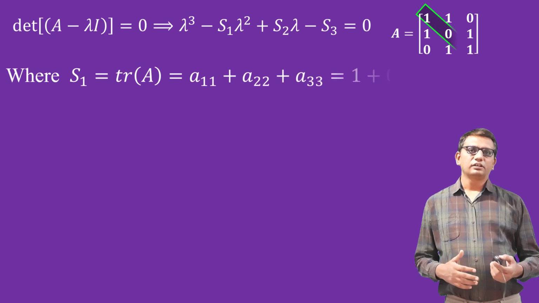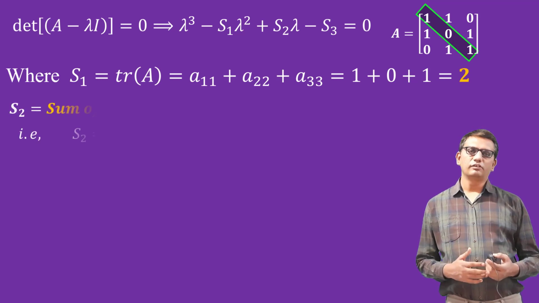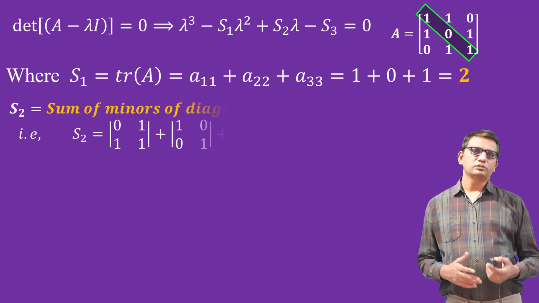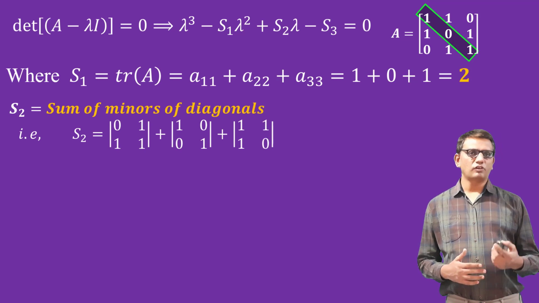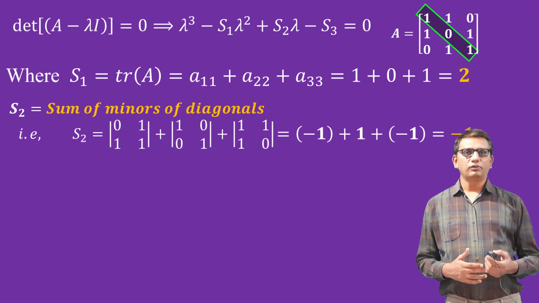Here S1 is the trace of A, that is A11 plus A22 plus A33, so it is 2 according to our matrix, and S2 is the sum of minors of diagonal elements. Here the first determinant is minus 1, the second determinant is 1, and the third determinant is minus 1.